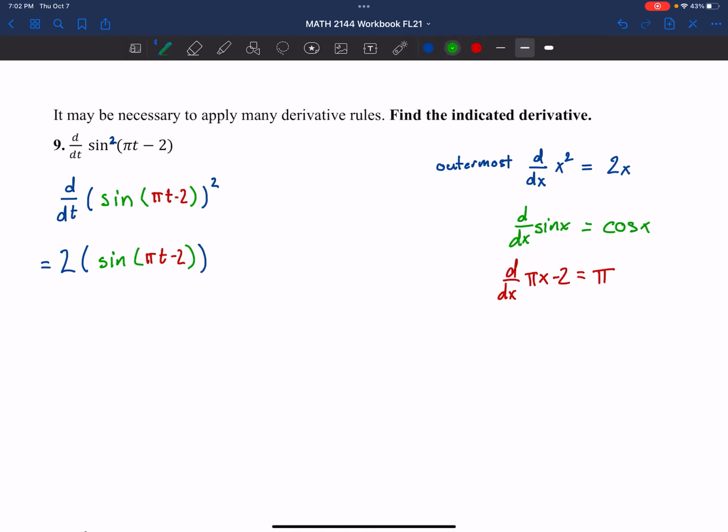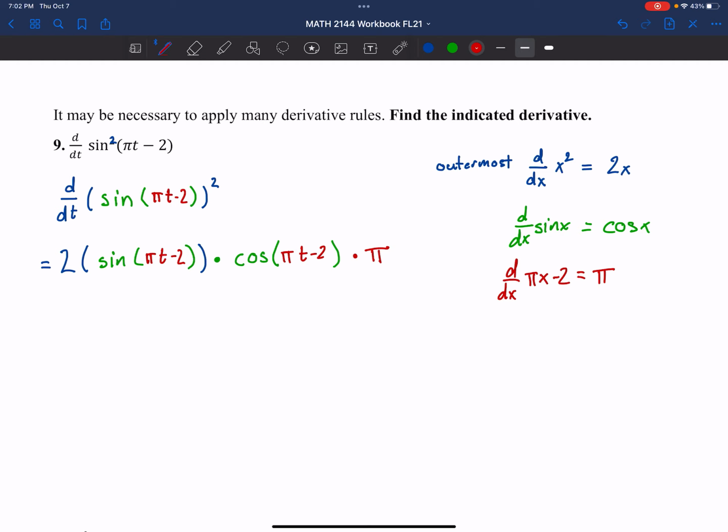But now I need to multiply it by the derivative of sine, which is going to be cosine, but leaving the inside alone, pi t minus 2. And now I'm multiplied by the derivative of the inside, which is going to be pi.